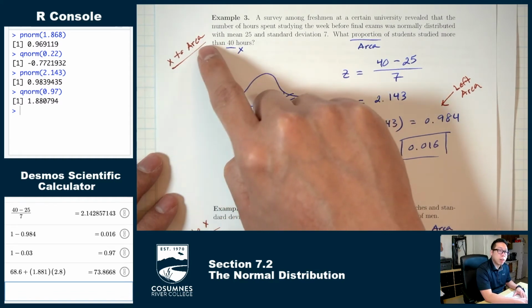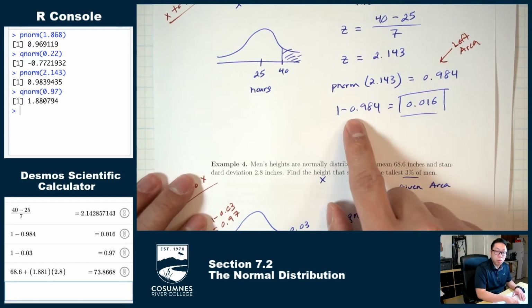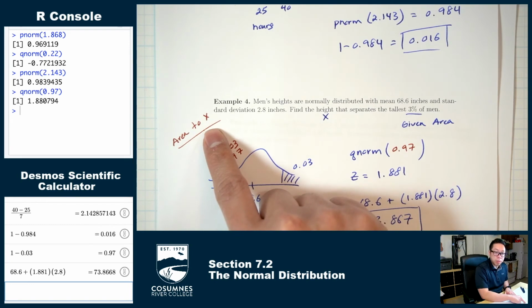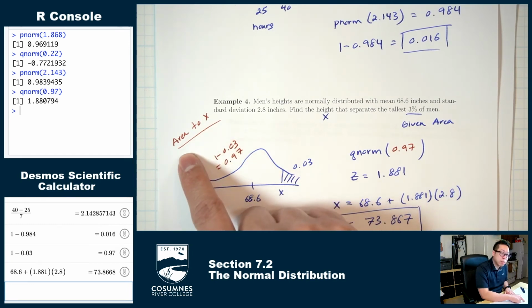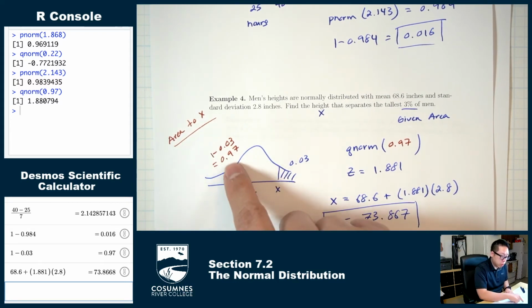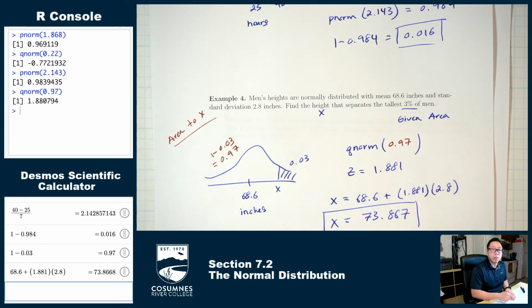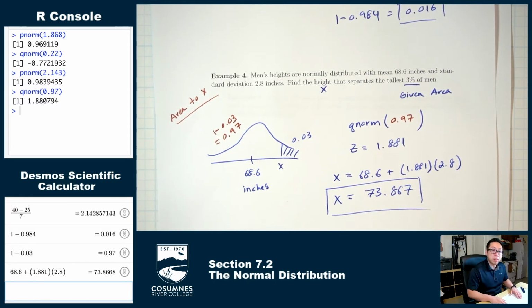So in an x to area situation, the area is at the end, so you need to do the 1 minus at the end, which is what we did. In an area to x situation, you're starting off with the area at the beginning, so you need to do the 1 minus at the beginning, which is also what we did. We did a 1 minus at the beginning in order to plug into Q norm. So that's just a little tip for when you do the 1 minus.